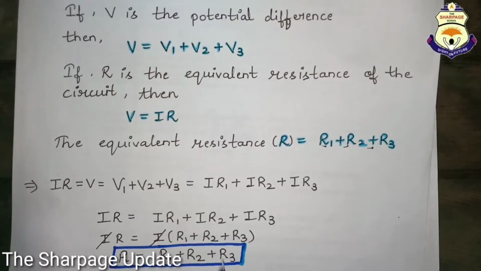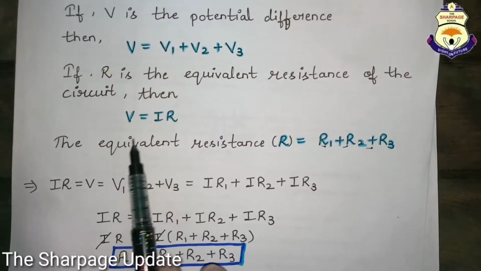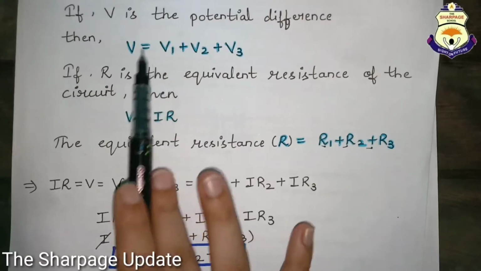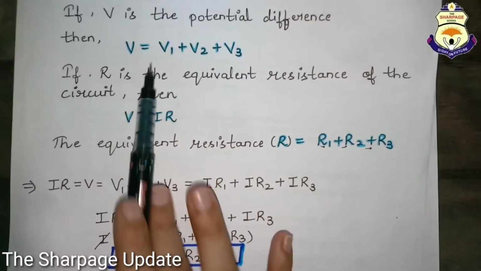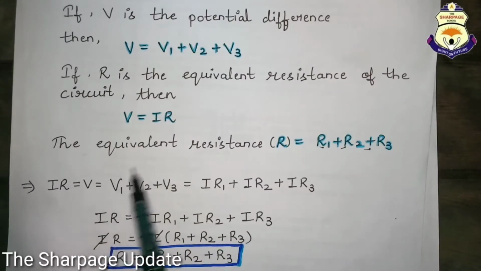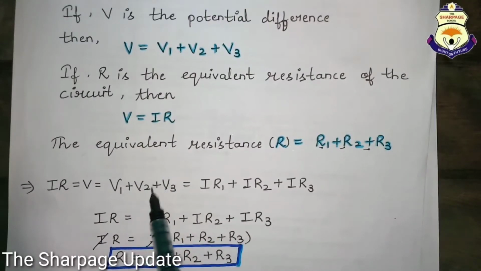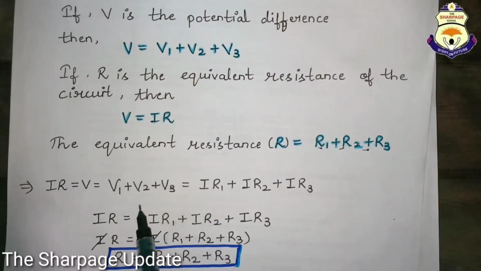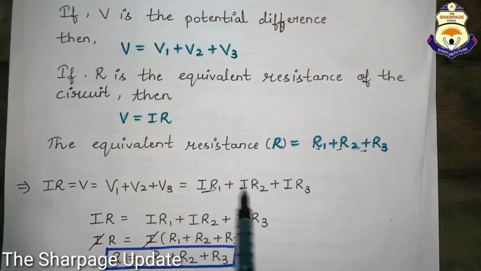Now from these equations we get IR equals V and V equals V1 plus V2 plus V3.